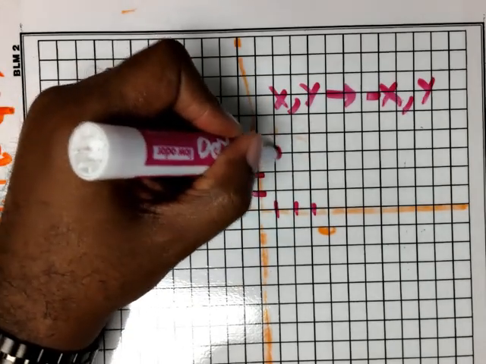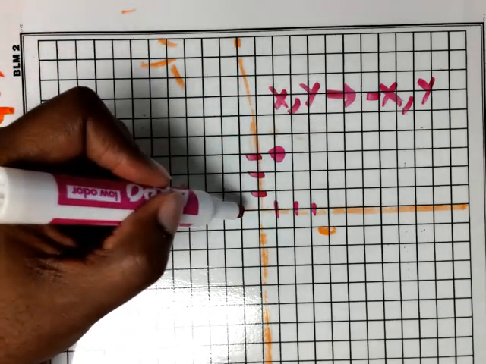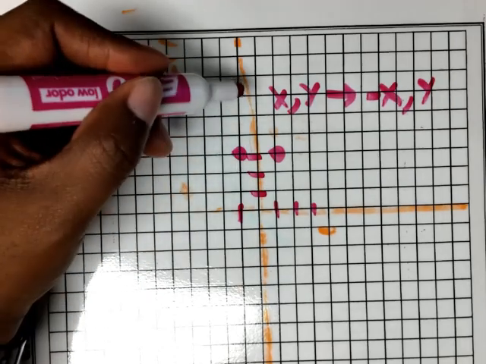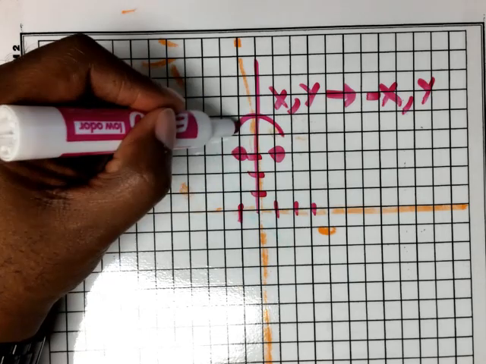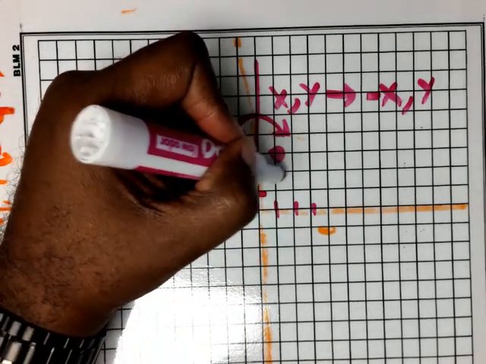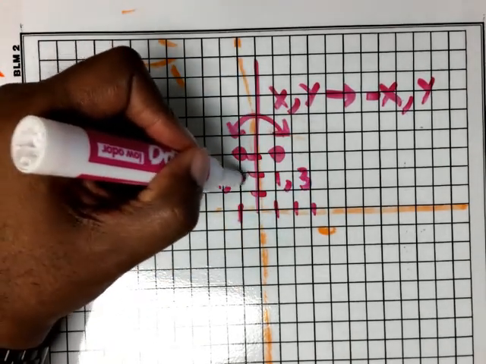Then x becomes negative 1, and y stays the same, comma 3. That is literally a reflection over the y-axis. So it's going from here to there. So this went from 1 comma 3 to negative 1 comma 3.